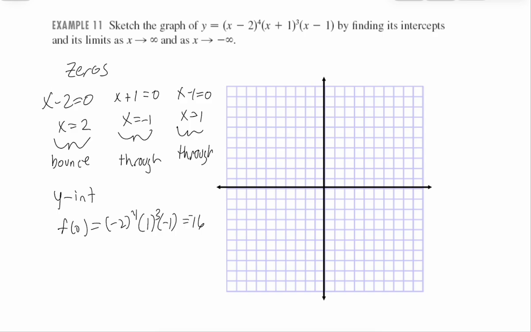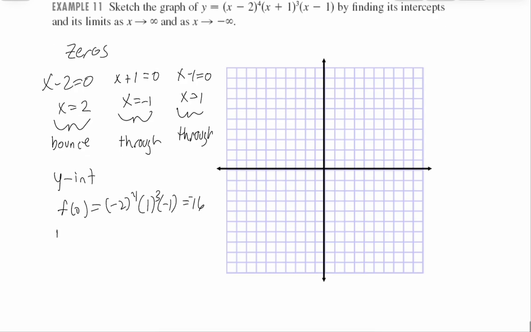Let's talk about the end behavior, the limits to infinity. Let's do our lead term first. If we pull out all the x's, and if there were any constants out there, we would get x to the 4th times x to the 3rd times x, for a total of 8 x's.